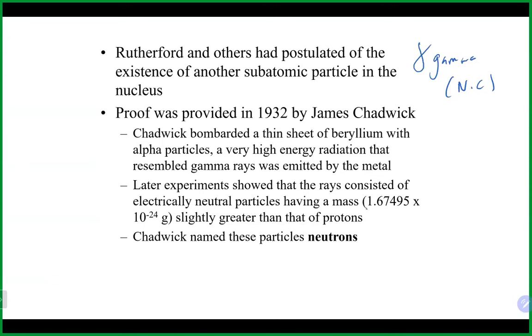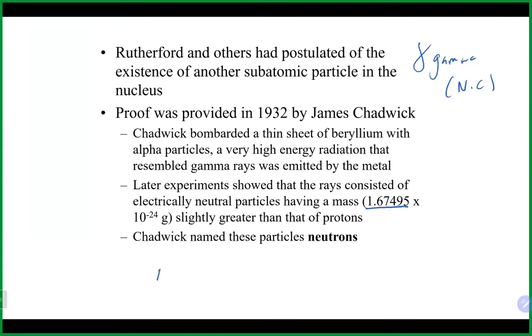Neutrons have a mass of 1.67495 times 10 to the minus 24. And if you remember, the proton was about 1.672 something times 10 to the minus 24. So the neutron just edges out the proton in mass among these three subatomic particles.